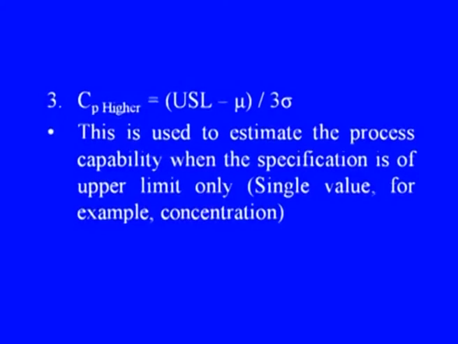Number 3, Cp higher, which is defined as upper specification limit minus mu divided by 3 sigma. This is used to estimate the process capability when the specification is of upper limit only. This is also a single value, for example, concentration.